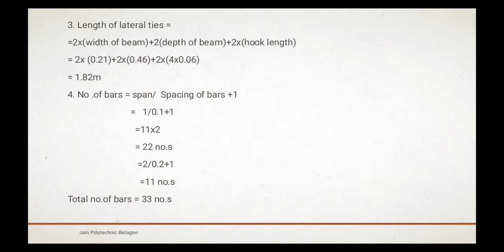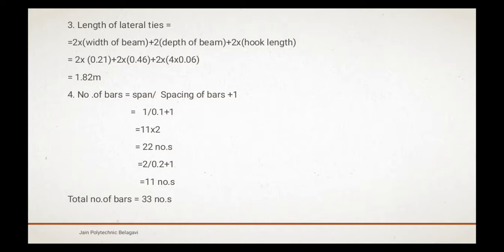So we got 11 numbers of stirrups. For both ends we multiply by 2, so 11 into 2 is equal to 22 numbers of stirrups.